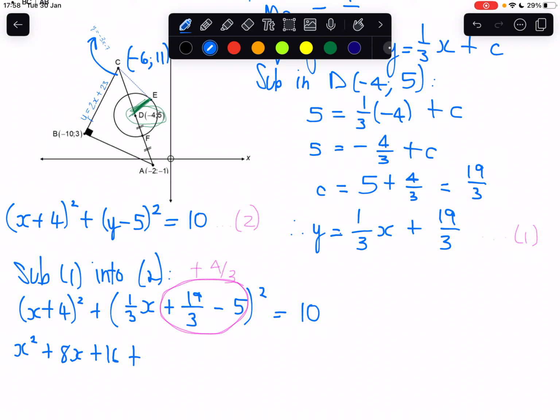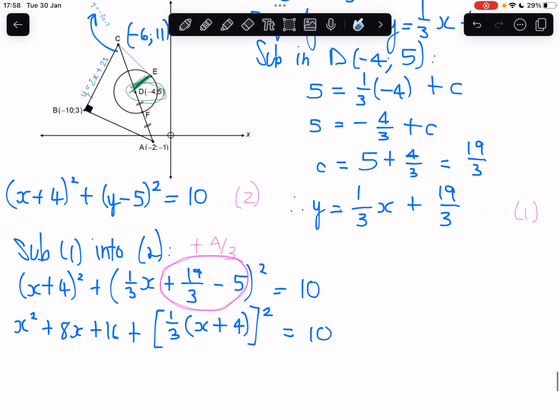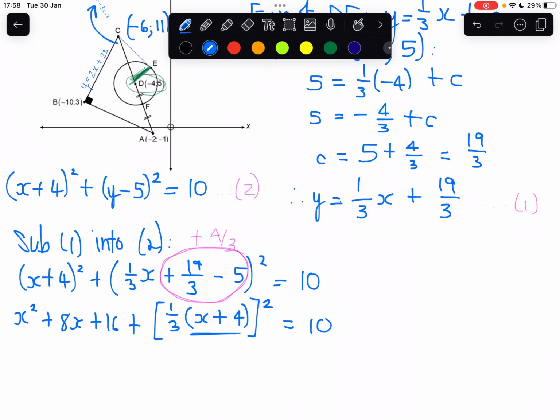Before I expand it, I'm going to factor out a third and just be left with x plus 4. Oh, this is already getting very interesting. I see opportunities for shortcuts. I'm seeing an x plus 4. We had an x plus 4 over there, so I am just going to quickly undo the expansion that I did over there because there might be an opportunity for factoring out a common factor.